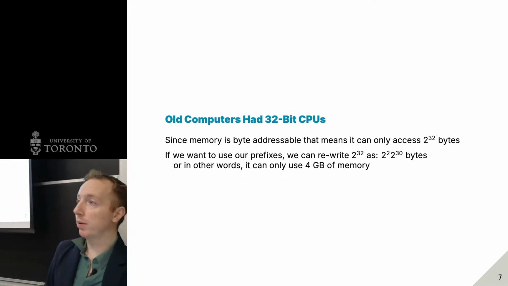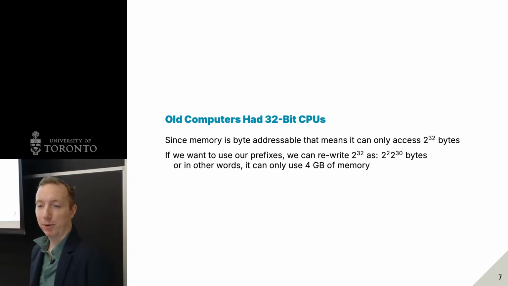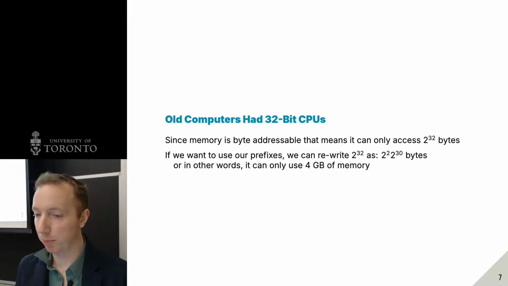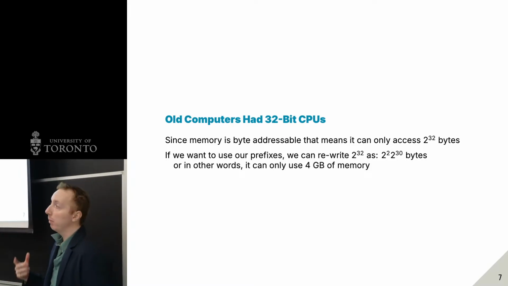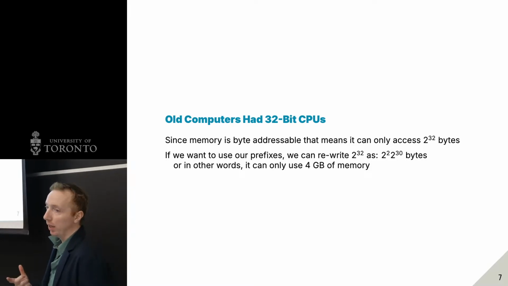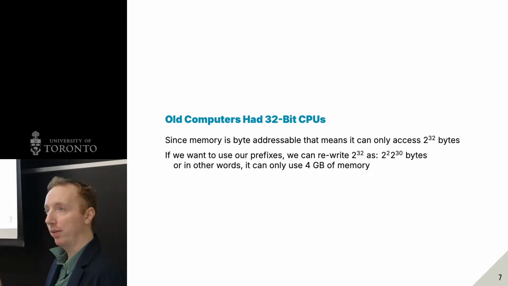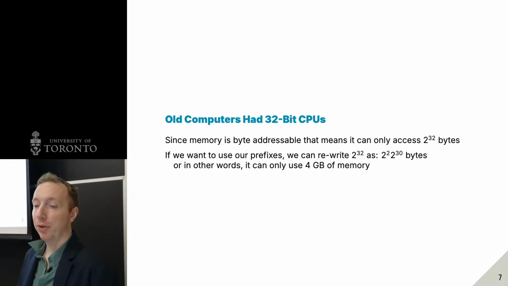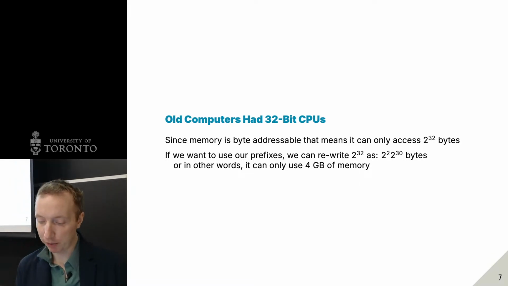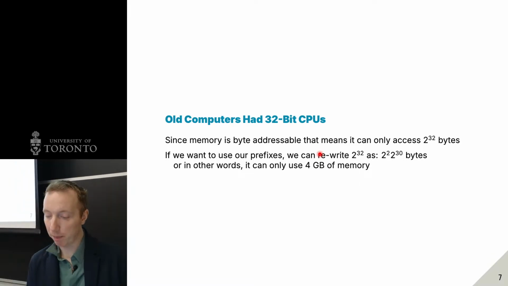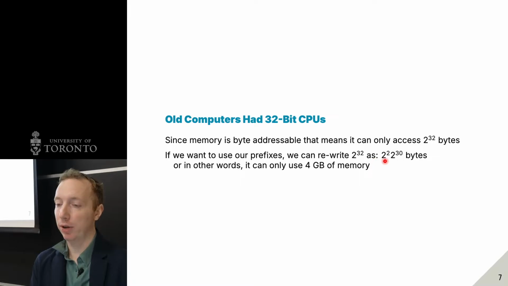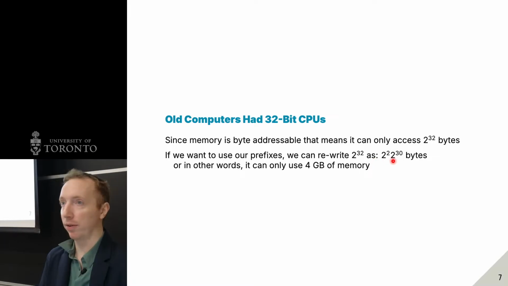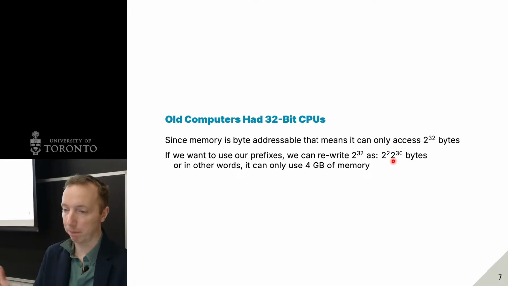Old computers, back when I was growing up, sadly enough, were 32-bit CPUs. Since memory is byte addressable, that means it can only access 2 to the 32 bytes. If we want to use our prefixes, we can rewrite 2 to the power of 32 as 2 to the power of 2 times 2 to the power of 30, because that's just how exponents work. I can break it up.